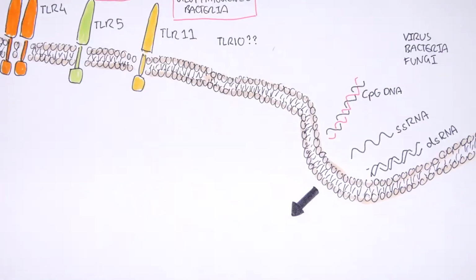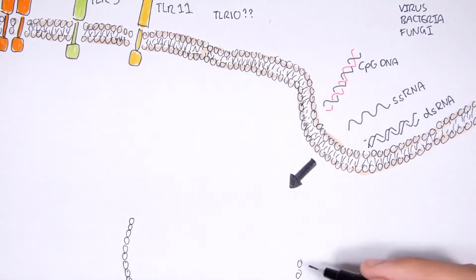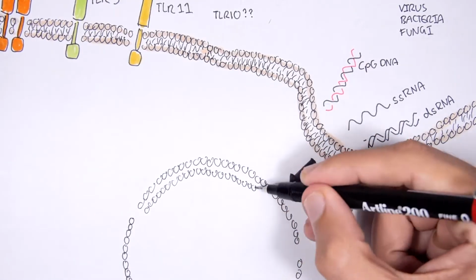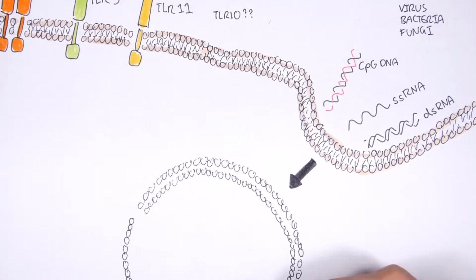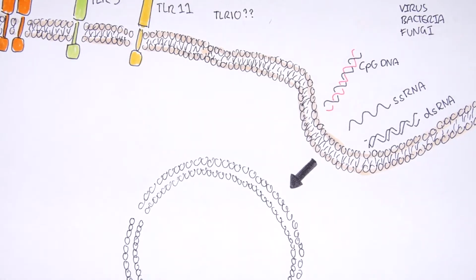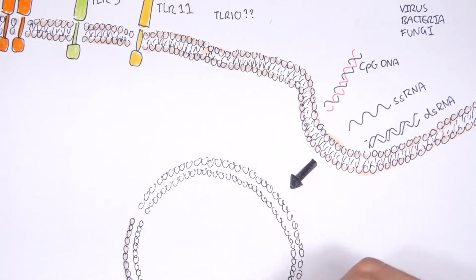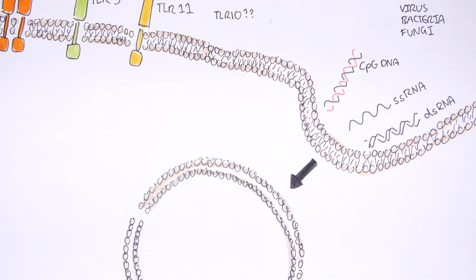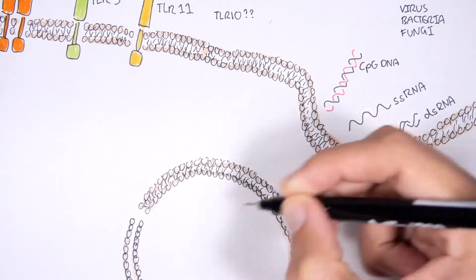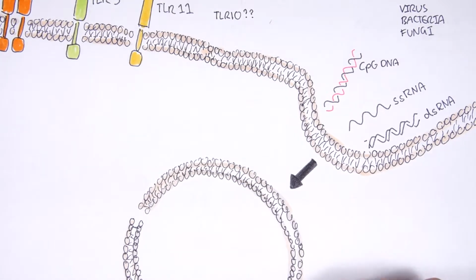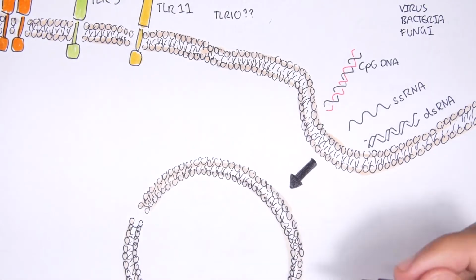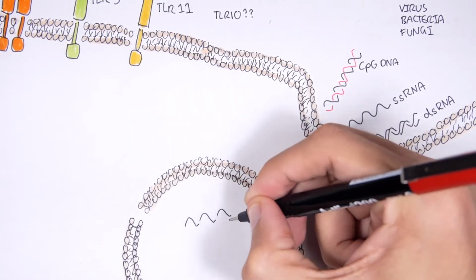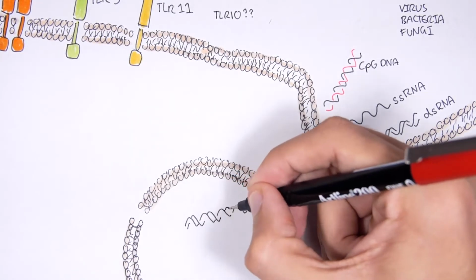So these genetic materials can either enter the cell through endocytosis, or they can be released by the pathogen when the pathogen is also endocytosed. Either way, the genetic material will be within the endosome. Now, some toll-like receptors are found within the endosome. These toll-like receptors don't need to form dimers.